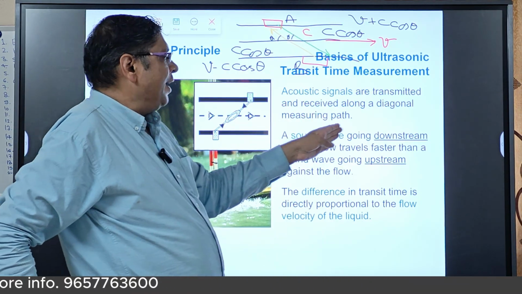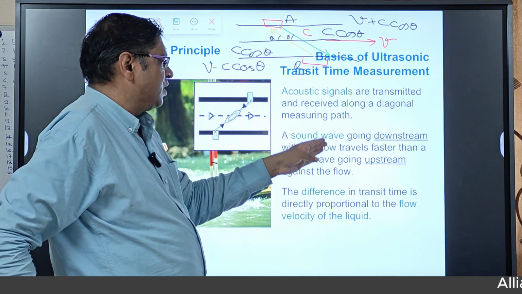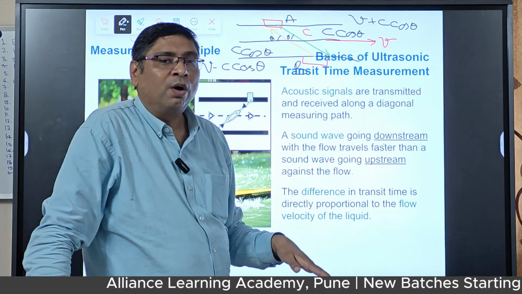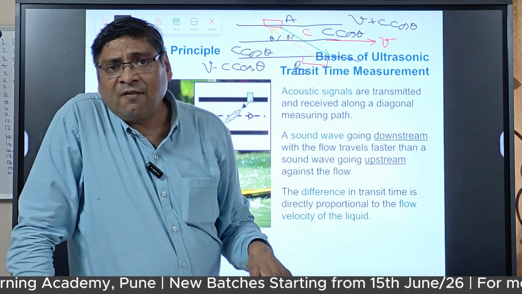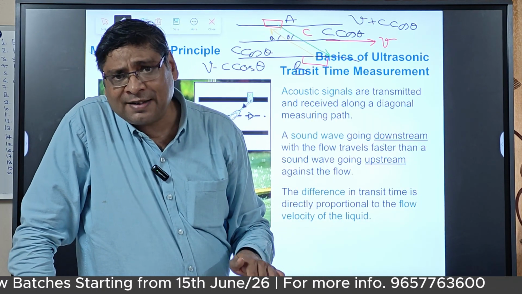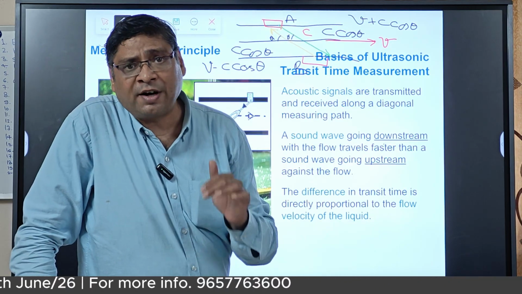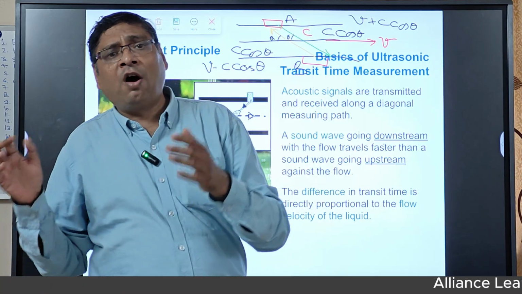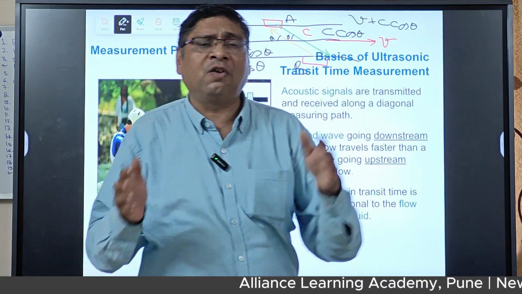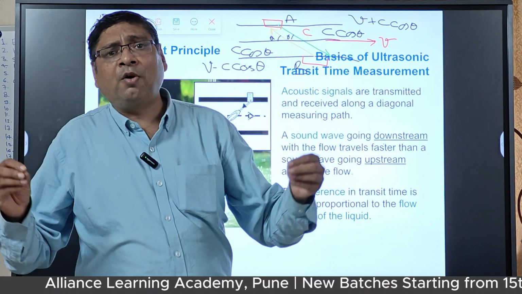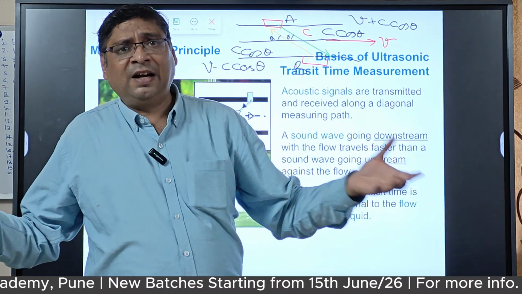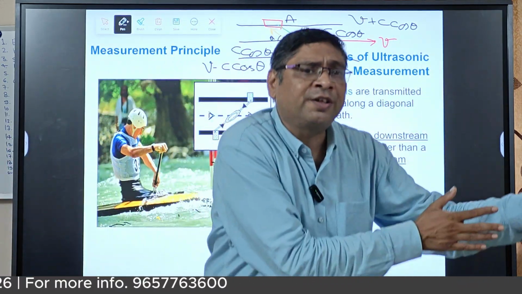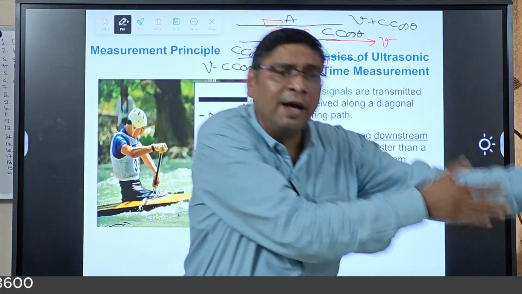A sound wave going downstream with the flow travels faster than a sound wave going upstream against the flow. My dear friends, when we discussed fluid mechanics, we discussed what is upstream and what is downstream. When we talk about flow meters, orifice, magnetic flow meter, vortex flow meter, we talk about the straight runs required at the upstream and downstream when flow is from here to here.